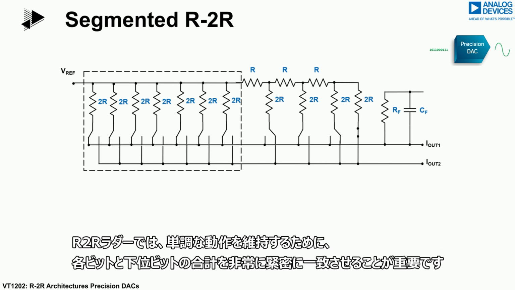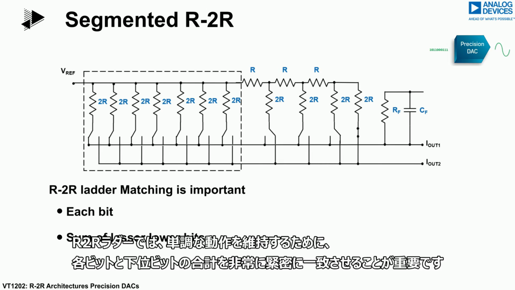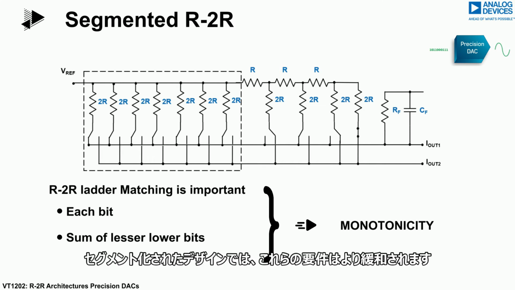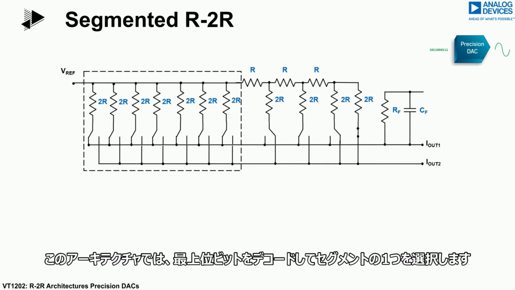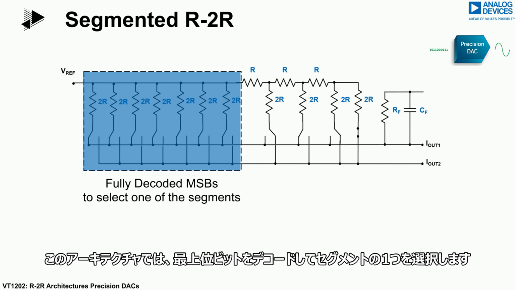In an R-2R ladder, it is important to have very tight matching between each bit and the sum of the lower bits in order to maintain monotonic behavior. In a segmented design, these requirements are more relaxed. For this architecture, the most significant bits are decoded to select one of the segments.